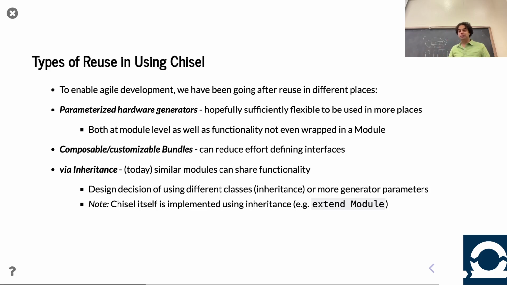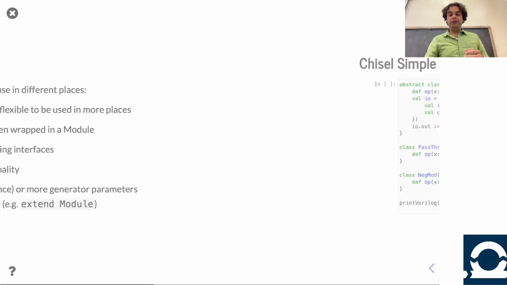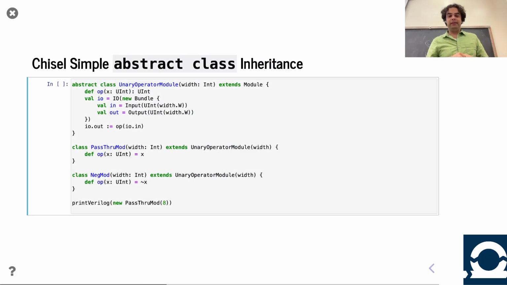Things like extends Module: when you write a module, I told you that was boilerplate. Well, now you know what that means. It's actually extending Module, a certain class inside Chisel, right? Same thing with extends Bundle. When you make a bundle, it's also a certain class inside Chisel. So now when you see modules, it's less boilerplate than before, right? It extends Module, like we just talked about.